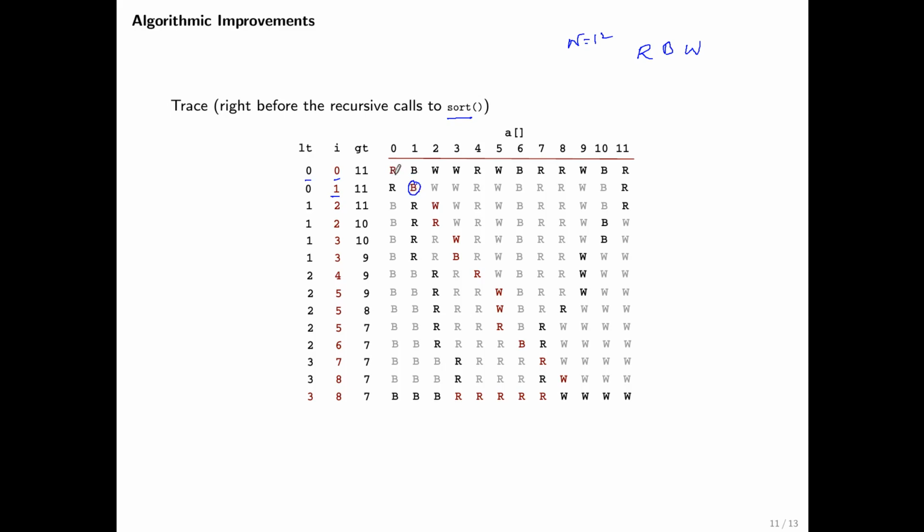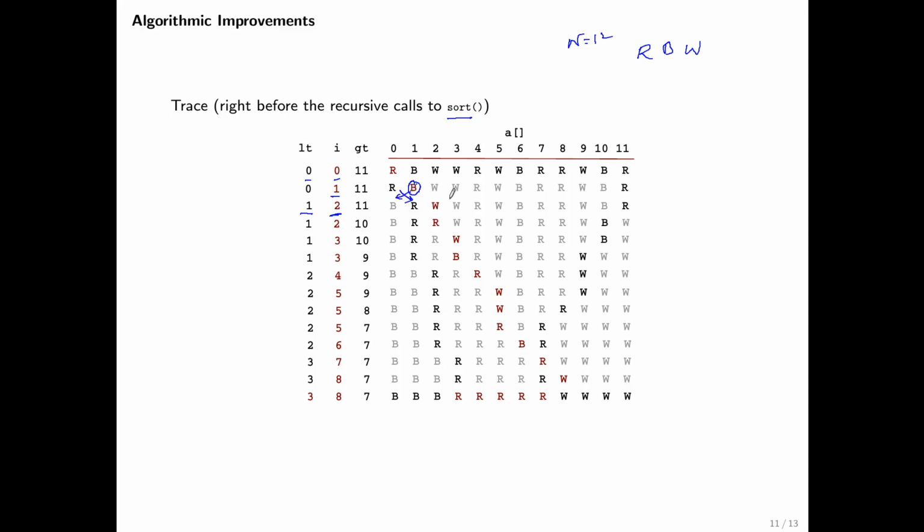B is smaller than the pivot, so we simply exchange the values at I and LT. This guy comes here and this guy goes here, and both I and LT are incremented by 1. So LT becomes 1 and I becomes 2.